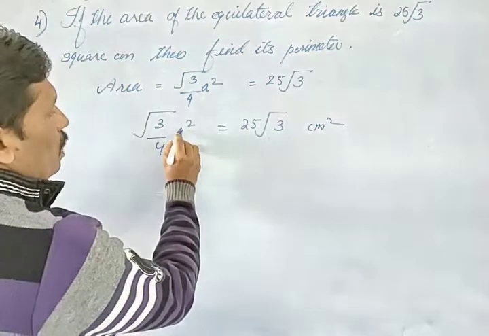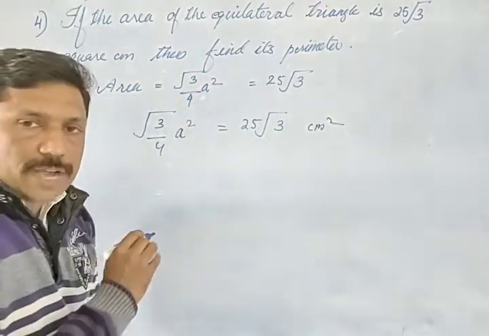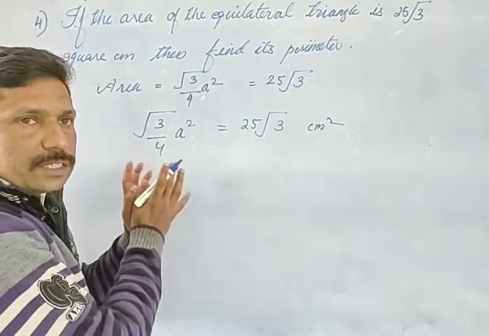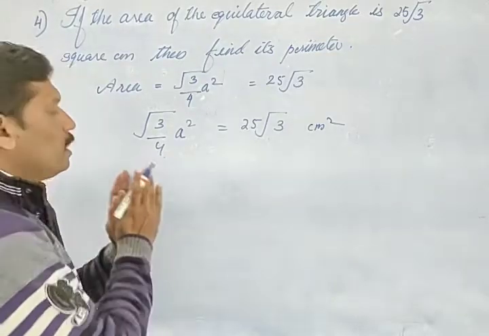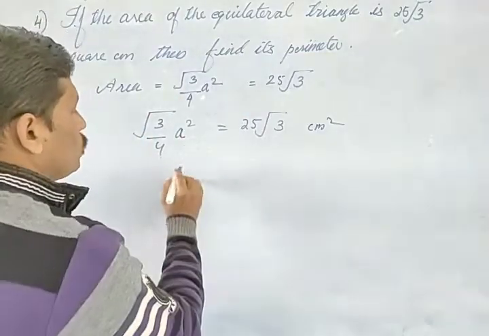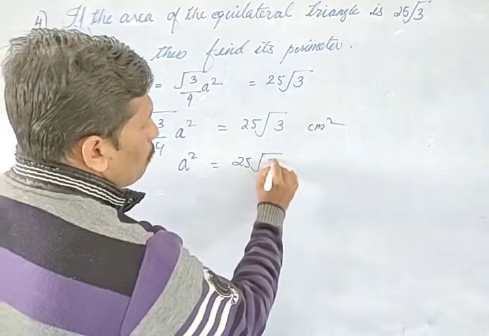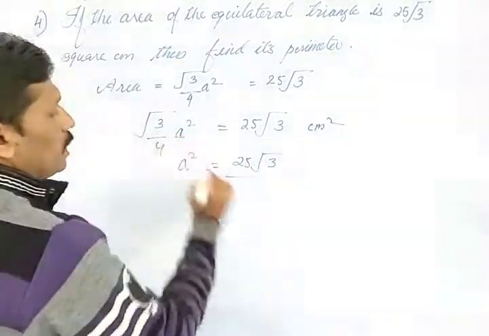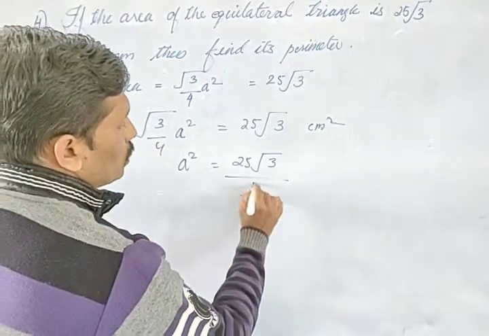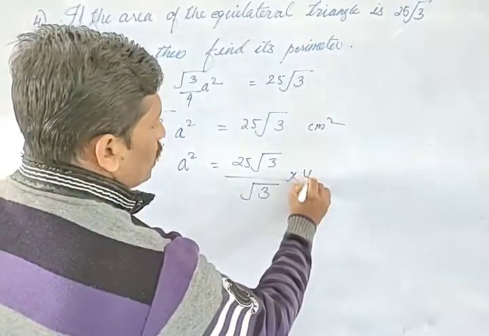Therefore, we shift this value to another side. We want to find out a means side we want to find out. So we keep that a square in LHS only, and with remaining value we change to RHS. Therefore, a square is equal to 25 root 3 upon this root 3, here it will change to division, and this 4 that goes to multiplication.